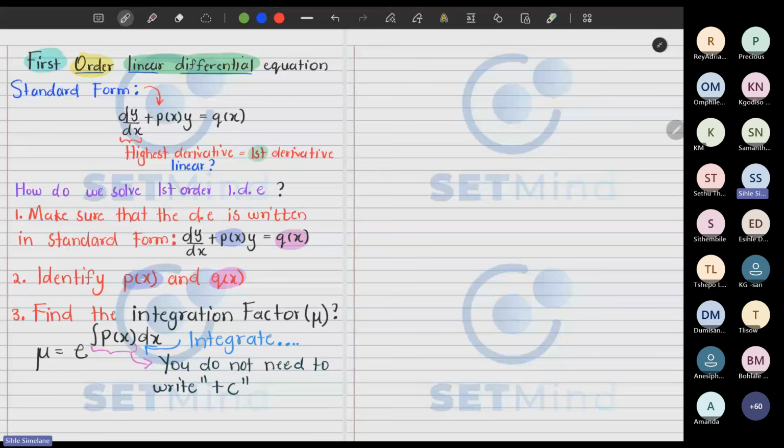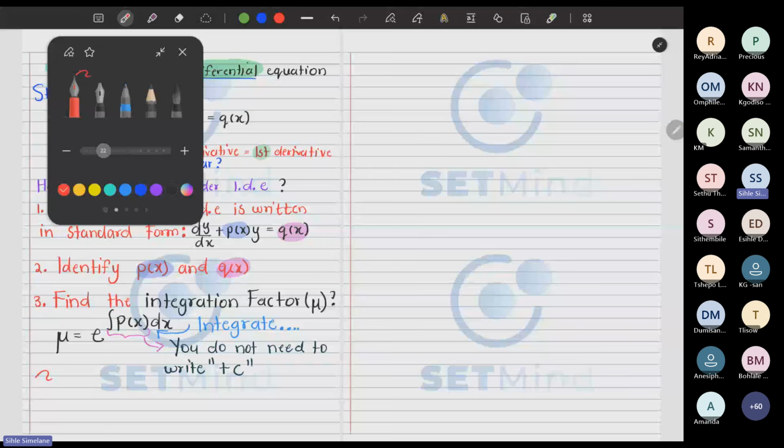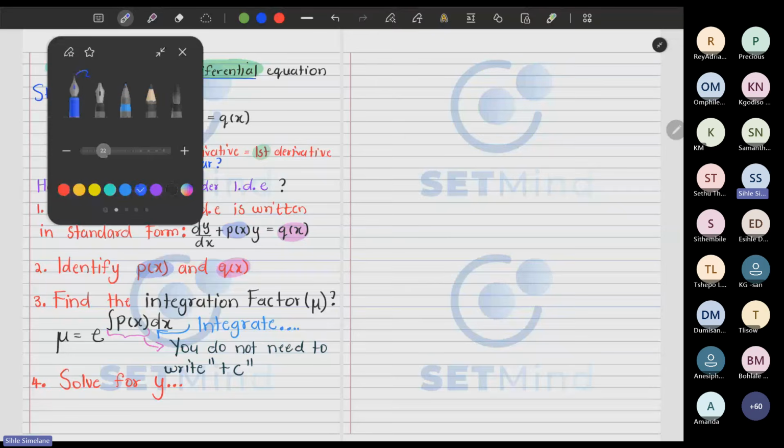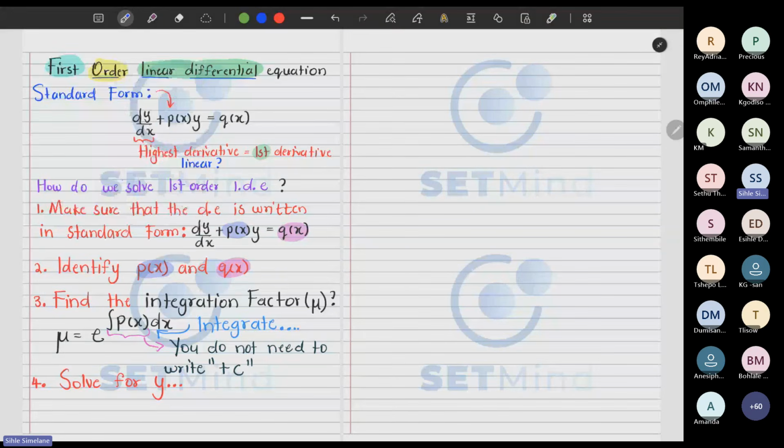So after finding the integrating factor, what do we need to look at? Number 4, you can now start solving for Y. So here you do not need to show how we move from the standard form to eventually go to Y. So the fourth step, we need to solve for Y. And I want to remind you guys that whenever they say solve a differential equation, if we have dy, it means what they are looking for is y.